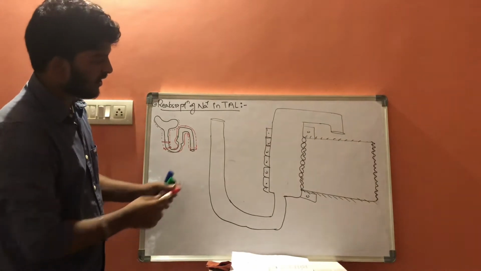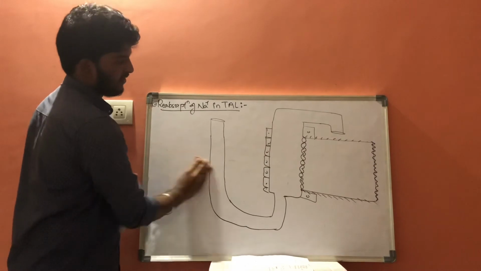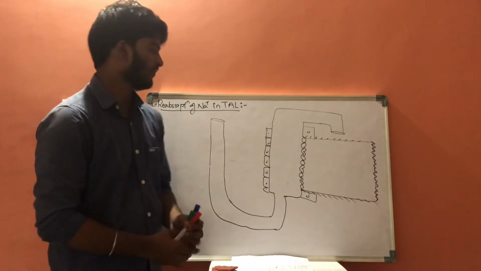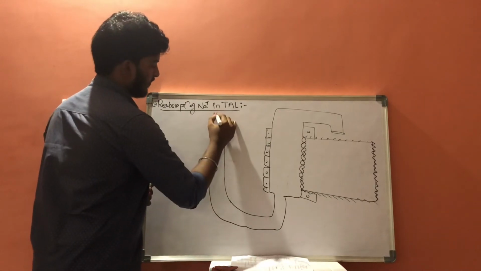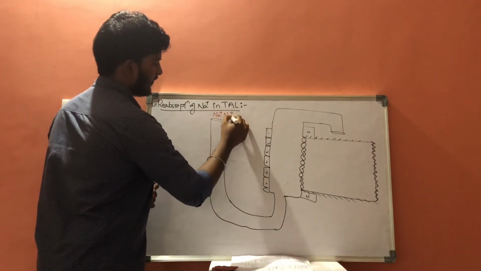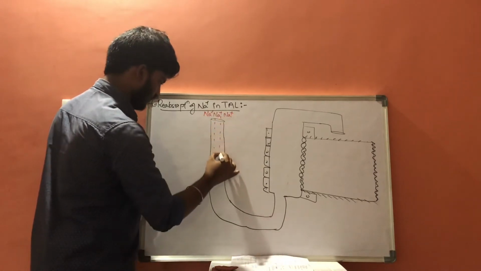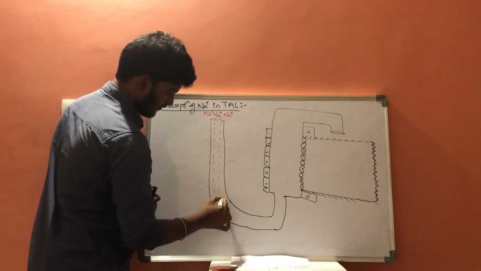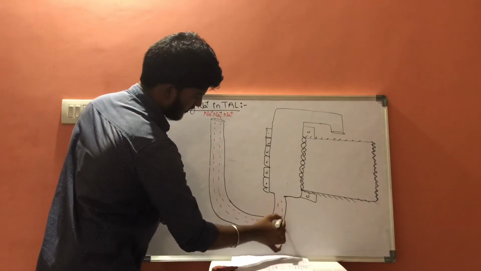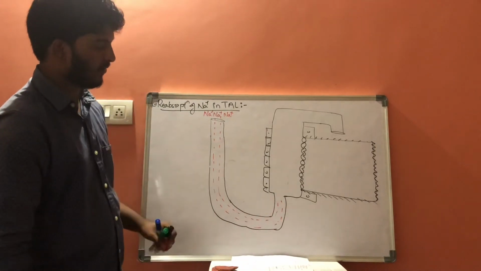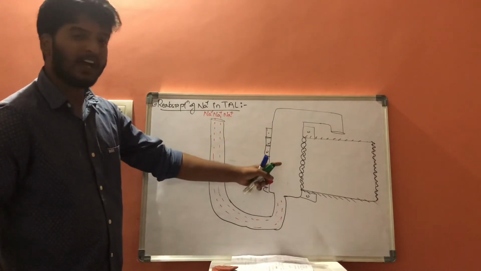So coming back to here, the sodium will be coming inside. In this manner, sodium will be coming towards the thick ascending loop of Henle.